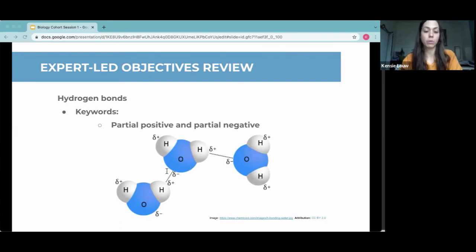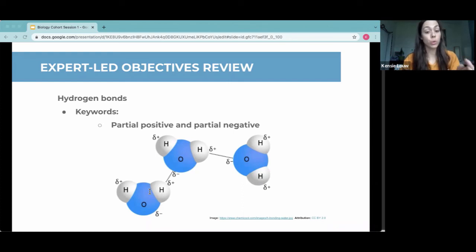So now these dipoles within each molecule cause the individual molecules to interact with each other and arrange themselves so that the negatives are attracting the positives. And that is the hydrogen bond. So to summarize, the hydrogen bonds are loose bonds or interactions resulting from partial positive and partial negative dipole interactions.